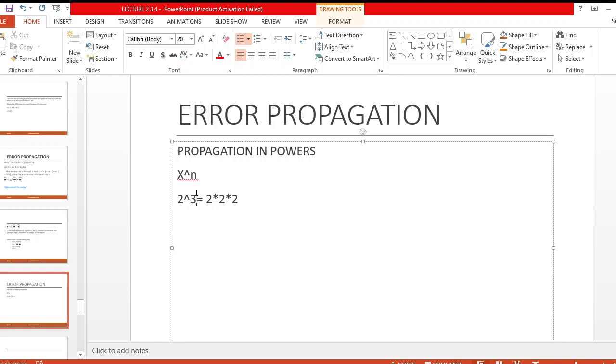So if 2 raised to the power 3 had an error of 0.1, so 2 to the power 3 plus or minus 0.1, the error in this measured value will be 2 plus or minus 0.3, and because we have the error 0.1, we'll be adding the relative error, which is 0.1 over 2 plus 0.1 over 2 plus 0.1 over 2. So it's the same rule.